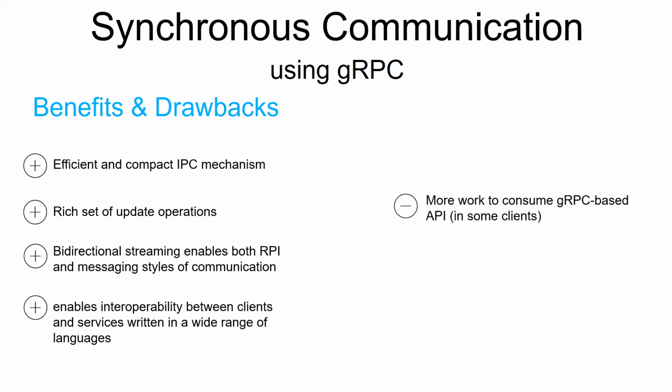For some programming languages, it takes more work for clients to consume gRPC-based APIs than REST JSON-based APIs. Also, older firewalls may not support HTTP2. So gRPC is a compelling alternative to REST, but like REST, it is a synchronous communication mechanism. So it also suffers from some problems that I will cover in the next two videos.